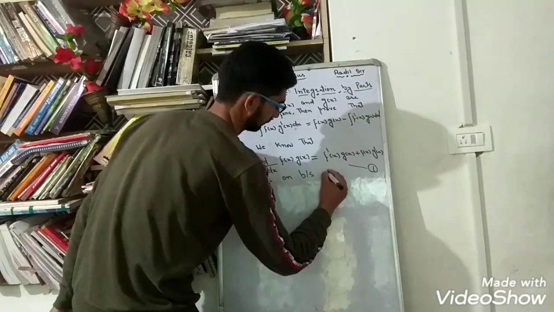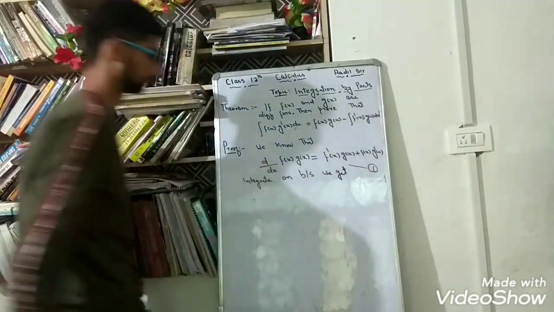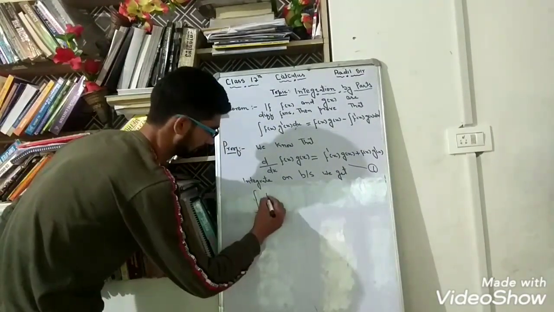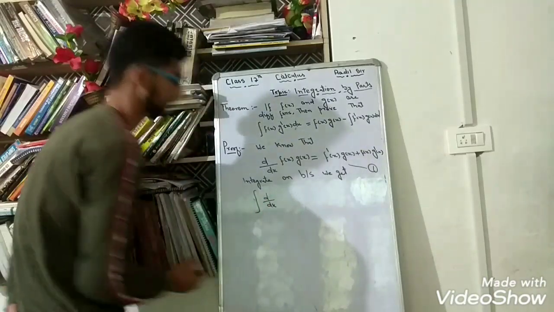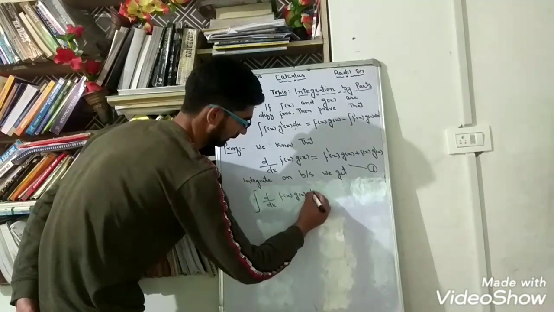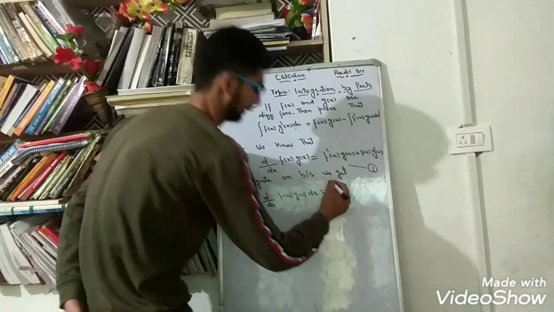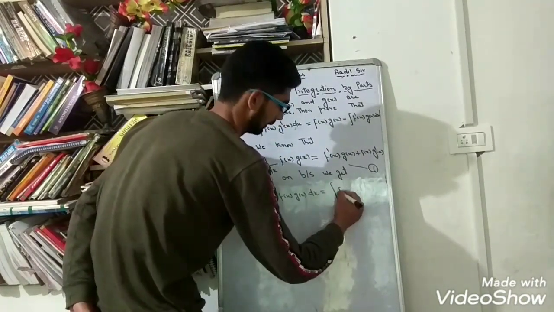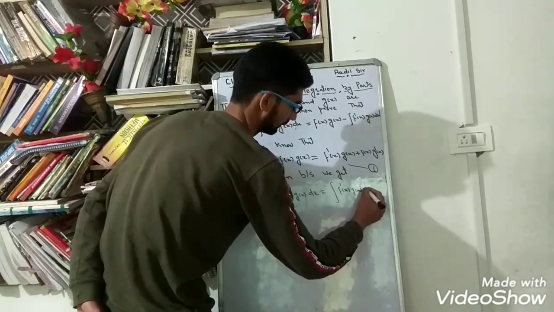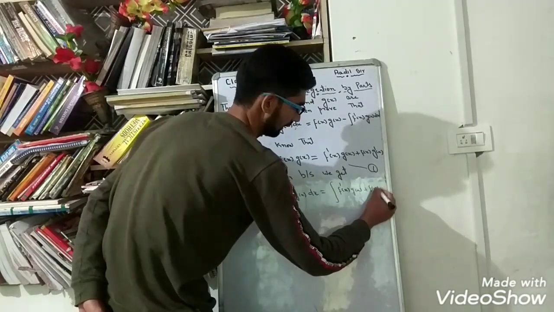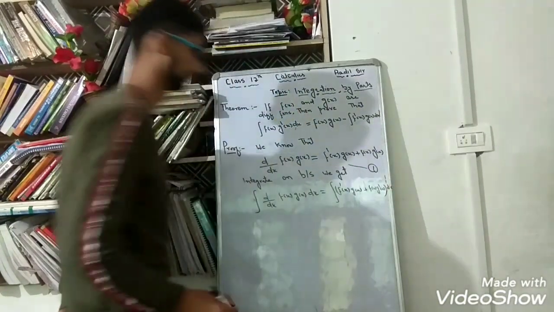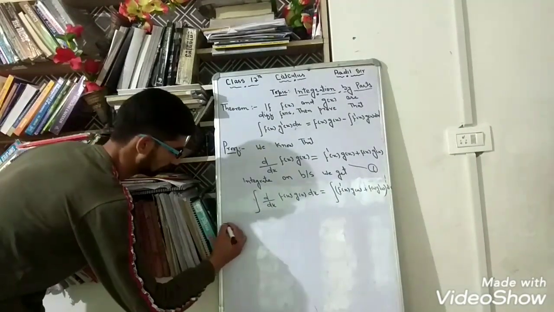We get the integral of d by dx of f(x) g(x) dx is equal to the integral of f'(x) g(x) plus f(x) g'(x) dx.